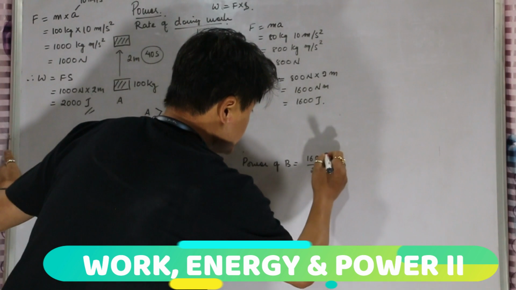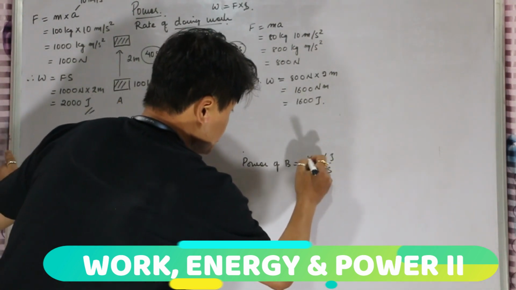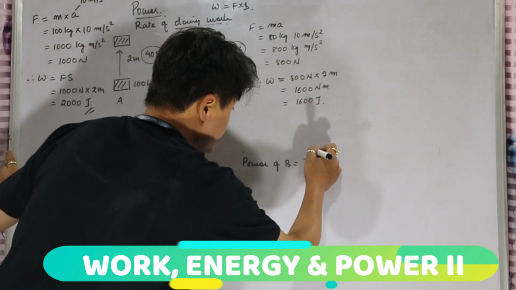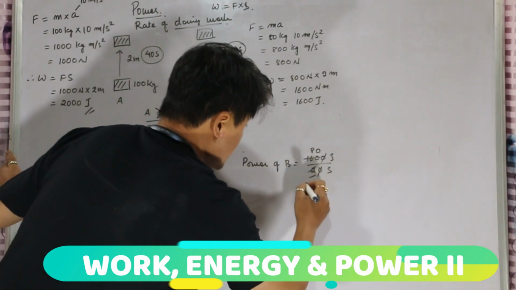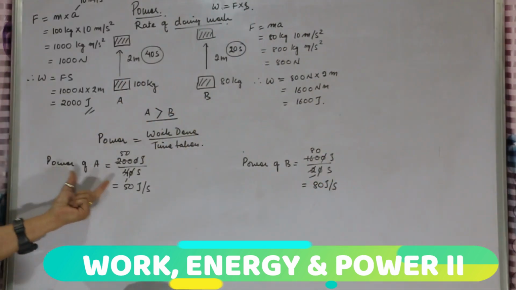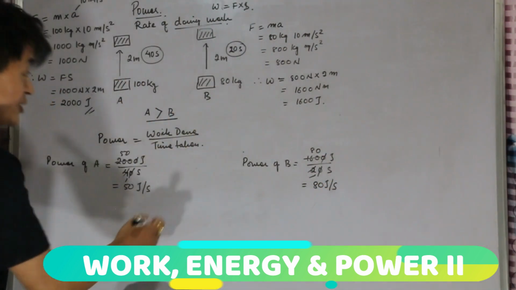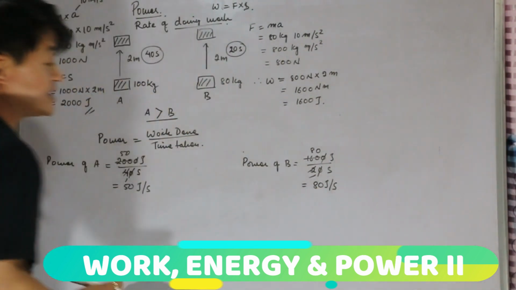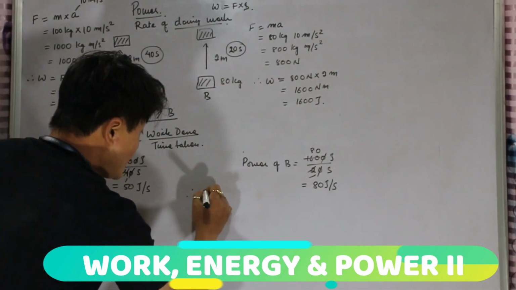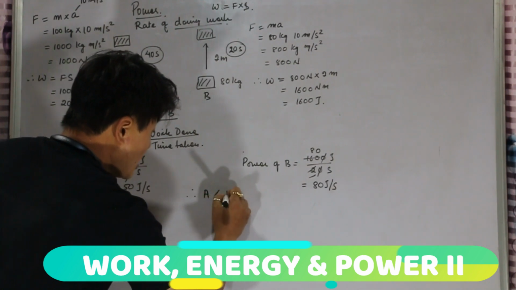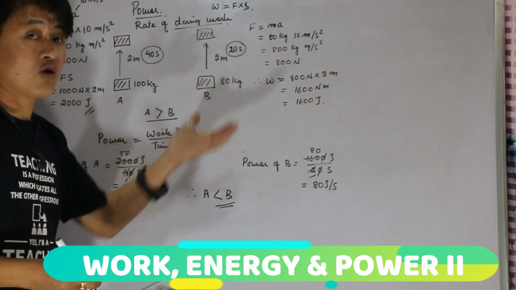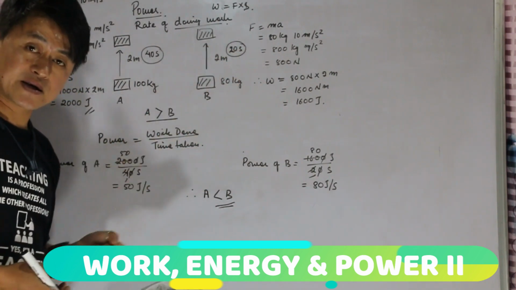So 0, 0 cancel, 2 1s are 2, and 2 8s are 16, so it equals 80 joules per second. Power of A here is 50 joules per second and the power of B is 80 joules per second. Therefore, power of A is less than power of B, because B is doing the same work in lesser time.